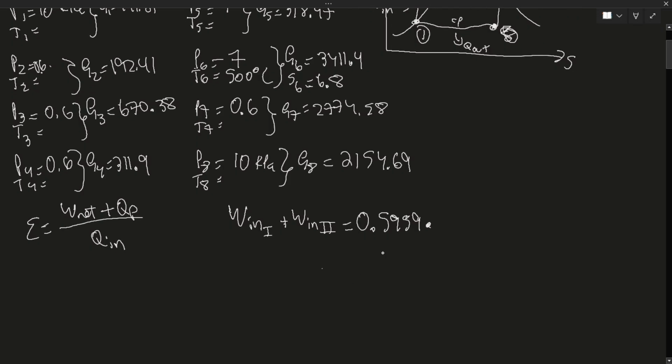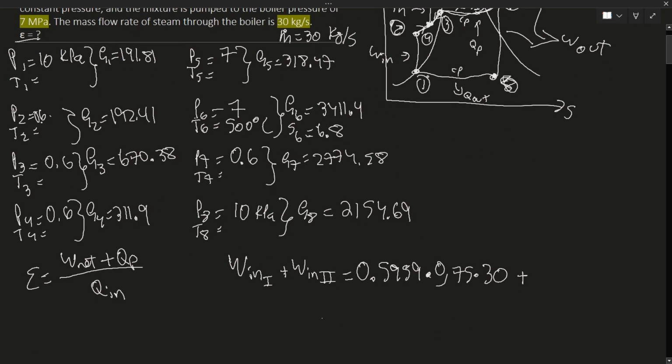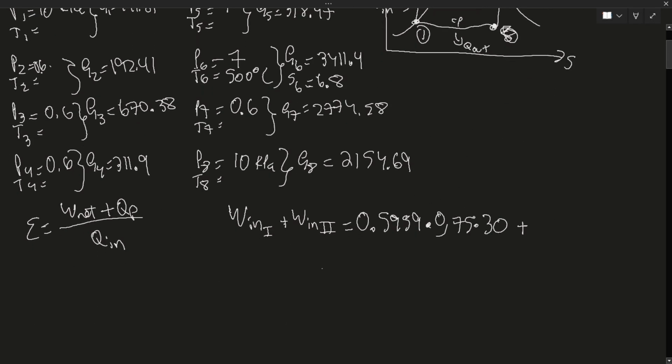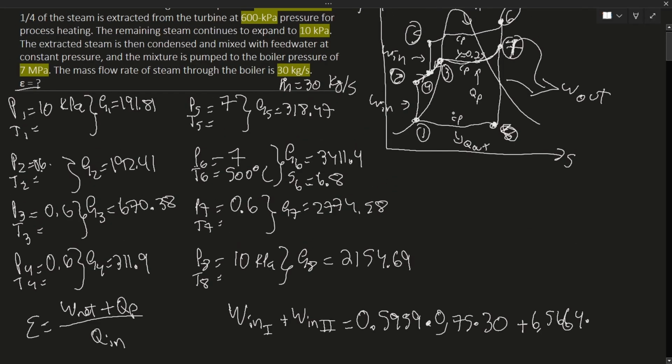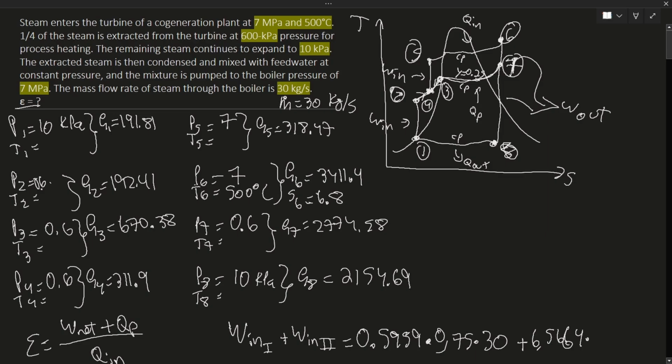The 75% of the water is down here. So 0.75 times the total mass flow rate, which was 30, plus the second work done by the pump over here, which we calculated before. I just erased it. It's equal to 6.5664. Next over here, 0.2 and 0.3, all of the water is being combined at 0.4.